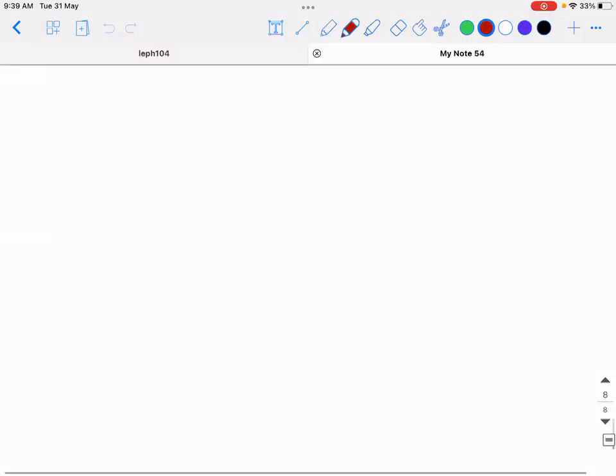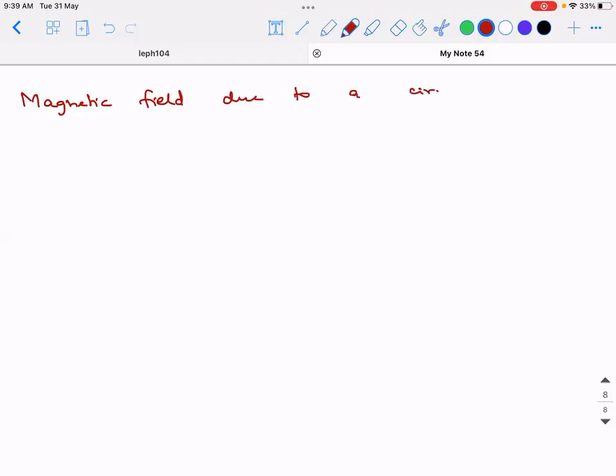So, do you all have textbooks? In that you have a concept called magnetic field due to a circular current carrying conductor. Okay, write down the heading: magnetic field due to a circular current carrying conductor on the axis of it, or on its axis.